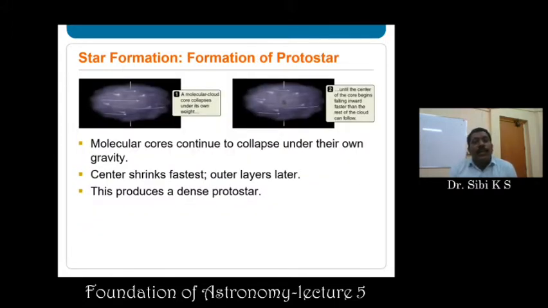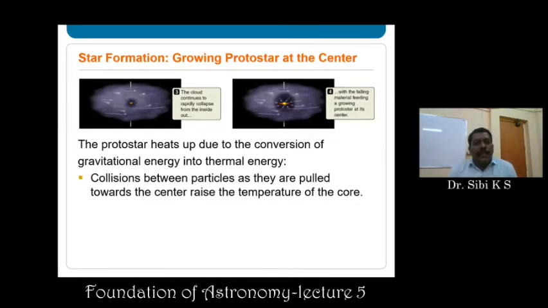Again, the molecular clouds continue to collapse under their own gravity, and the center shrinks faster and the outer layers later. This produces a dense protostar, which is shown in the figure. Now what happens? The protostar heats up due to the conversion of gravitational energy into thermal energy.